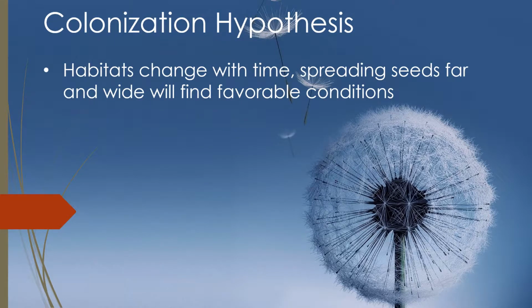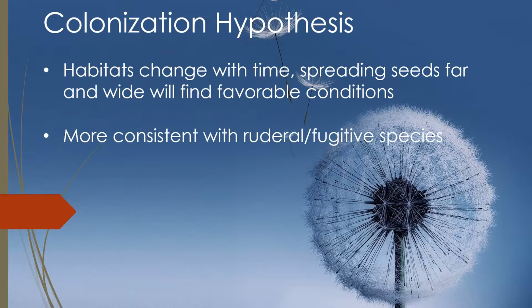The next one is the colonization hypothesis, which basically says that habitats change over time, and sending seeds far and wide will help to find those favorable conditions. It's more consistent with ruderal or fugitive species that are trying to find new disturbances.